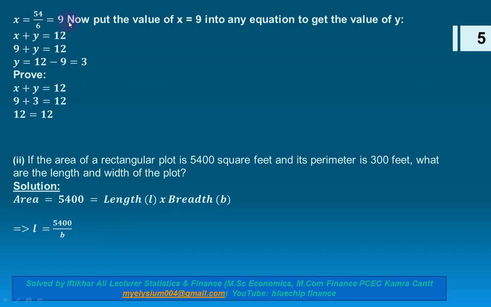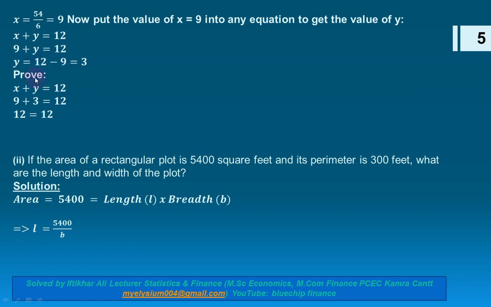So x will be 9. Now put the value of x equals 9 into any other equation to get the value of y. So we put x equals 9 in the equation, and it will become 9 plus y equals 12, or y equals 12 minus 9 equals 3.